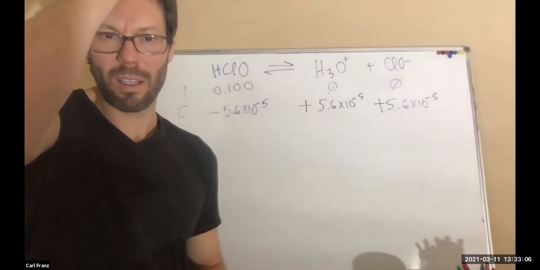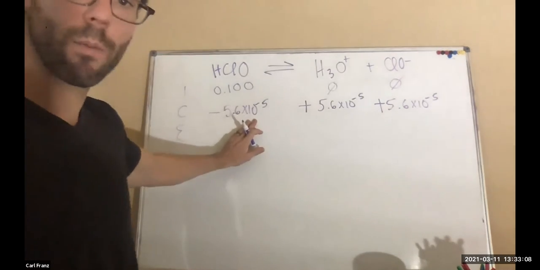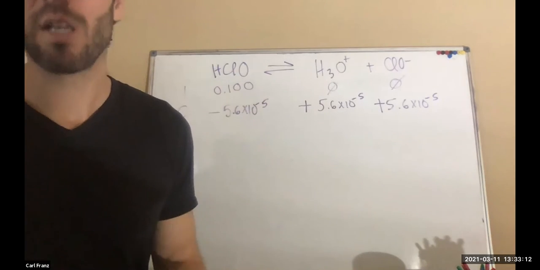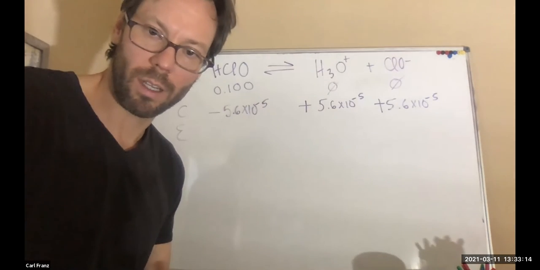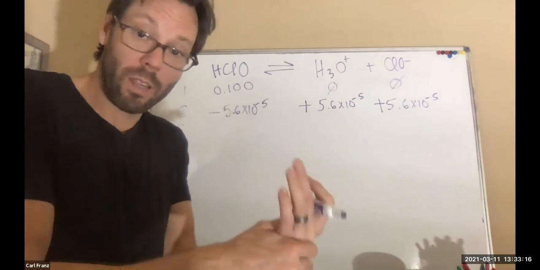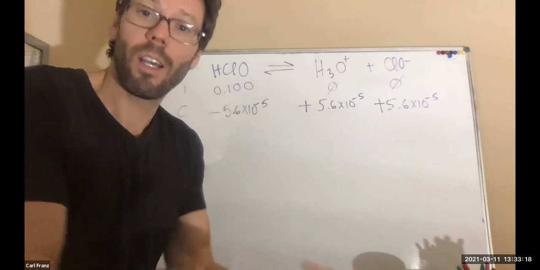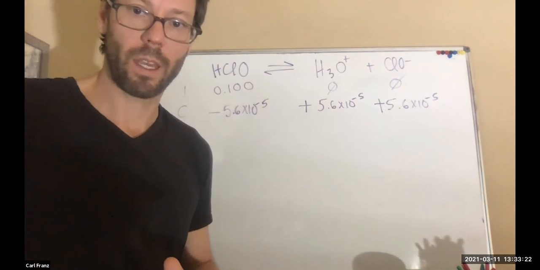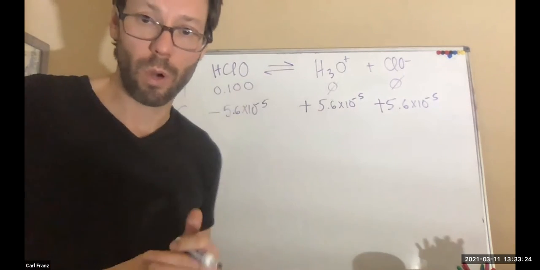Okay. So that's how we got this number. We just took 10 to the negative power of the pH to get our hydronium ion concentration. If we were given the hydronium ion concentration, we could take that to pH by taking the negative log of it. Okay, it's just the reverse process.